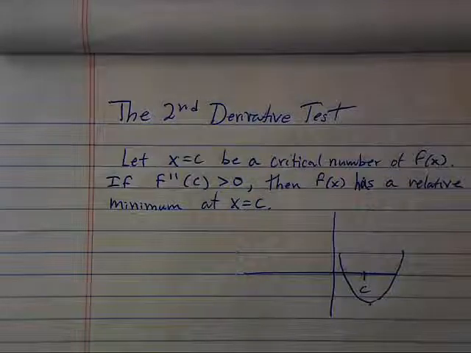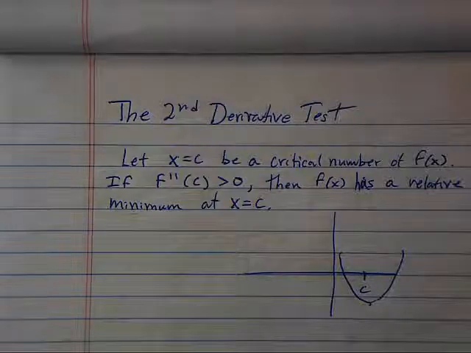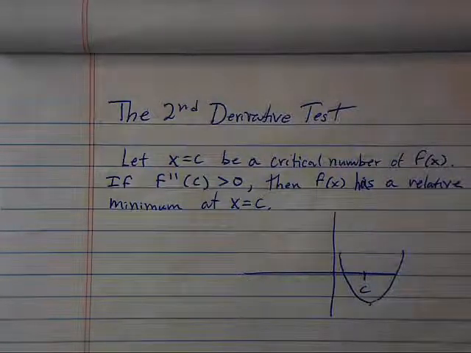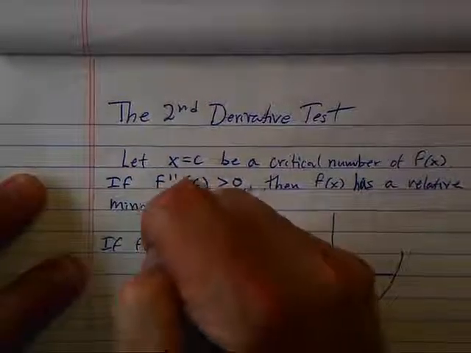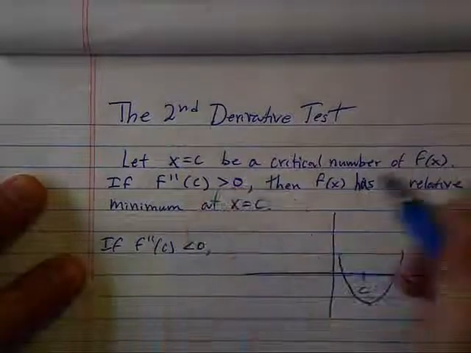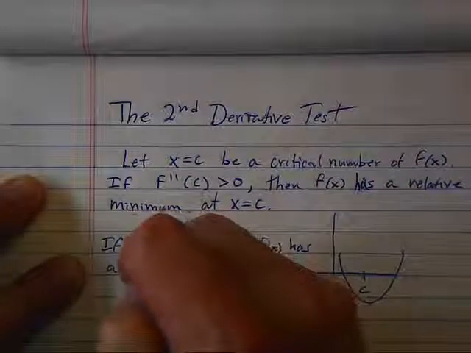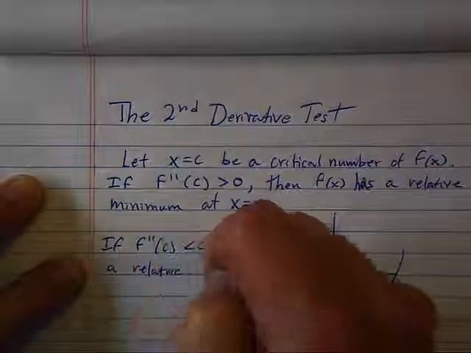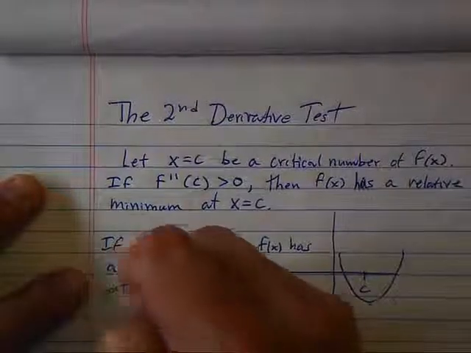Conversely, if the second derivative is negative, then you're going to be concave down, which means you're an upside down parabola, which means you have a relative max. If the second derivative at c is negative, then it has a relative maximum at x equals c.